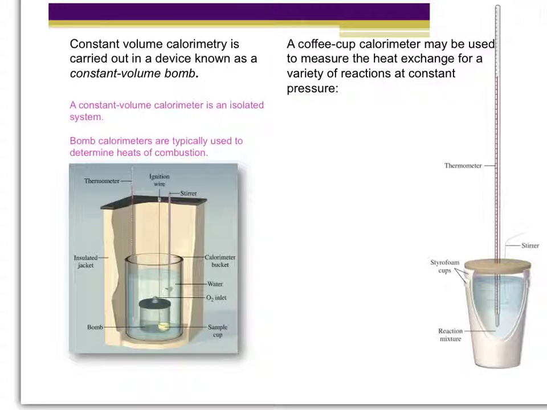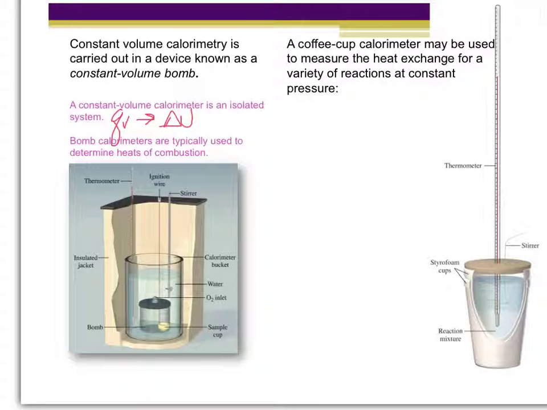Since this is a constant volume measurement, the heat transfer that we get from a constant volume or bomb calorimeter is going to be the heat under constant volume, which is the same thing as the internal energy.